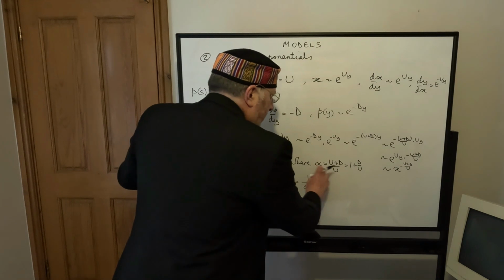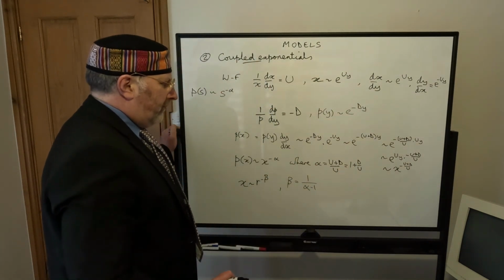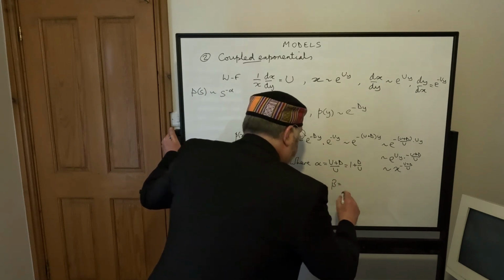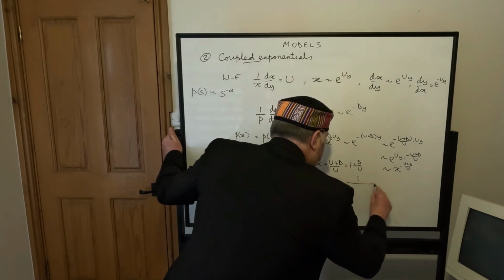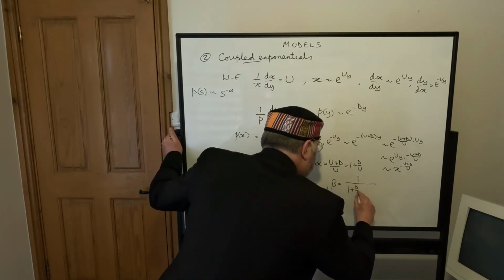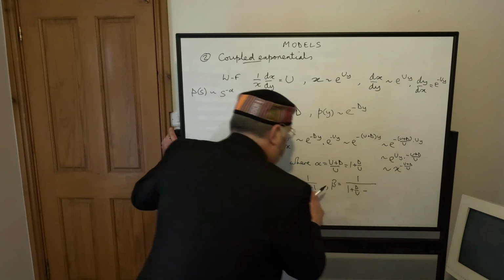So in this case, alpha is 1 plus d over u. So beta is going to be 1 over 1 plus d upon u minus 1.